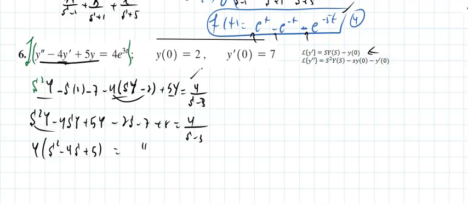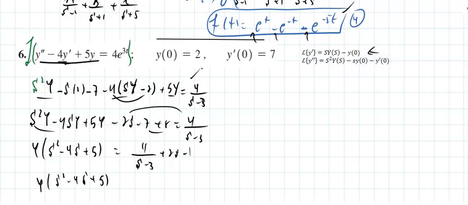And on the right hand side, I'm looking at 4 over s minus 3 plus 2s minus 1. So Y times s squared minus 4s plus 5 will equal 4 over s minus 3 plus 6s squared minus 7s plus 3.